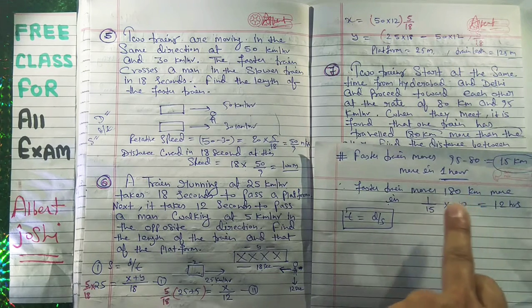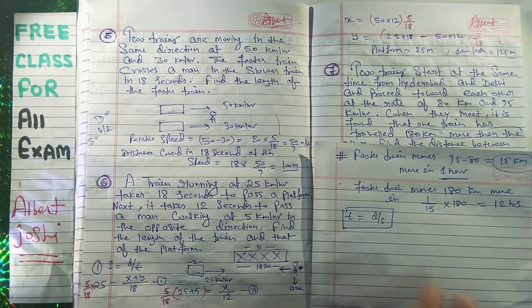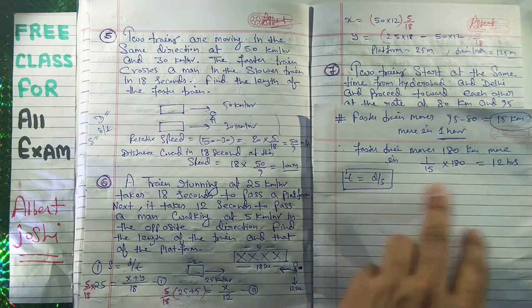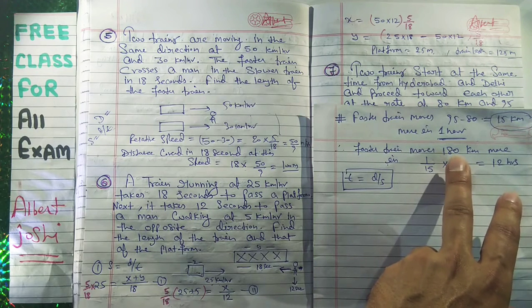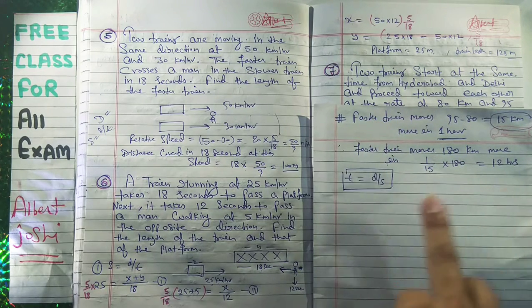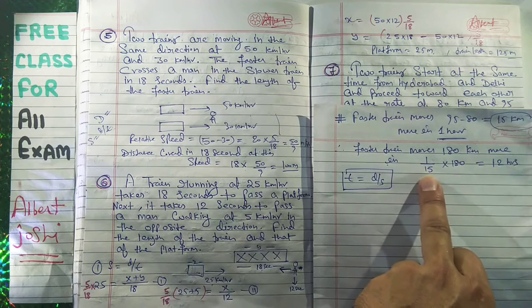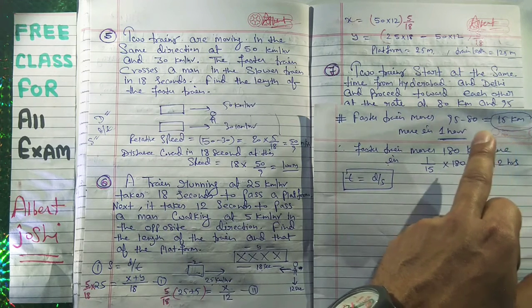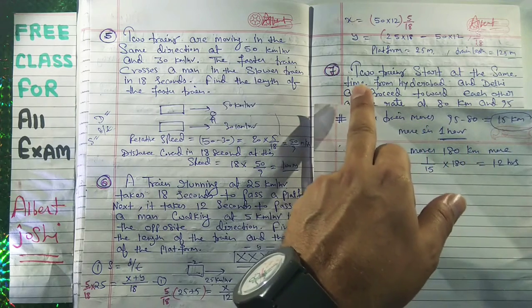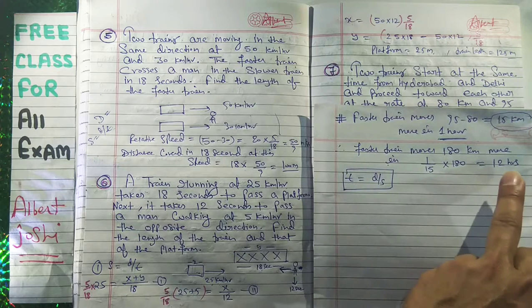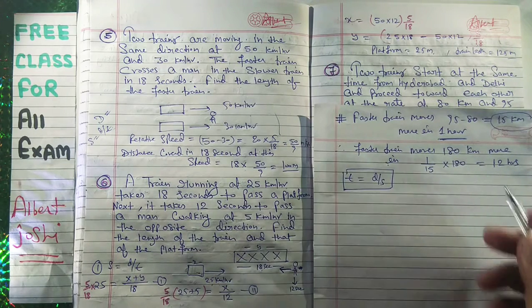How much time does it take? By the formula T is equal to D upon S, we put 180 kilometers, that is the extra distance traveled by train number 1, and this 15 is the extra speed it has gained. Then we get T as 12 hours. So that is the timing.